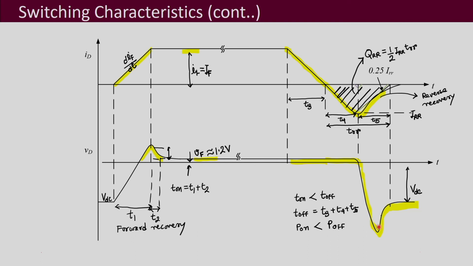So now, there is a term linked with this reverse recovery of diodes, which is called the softness factor, and it is represented by S, and that is given by the time ratio T5 by T4. Now, if S is greater than 1, that means your T5 interval is greater than T4.